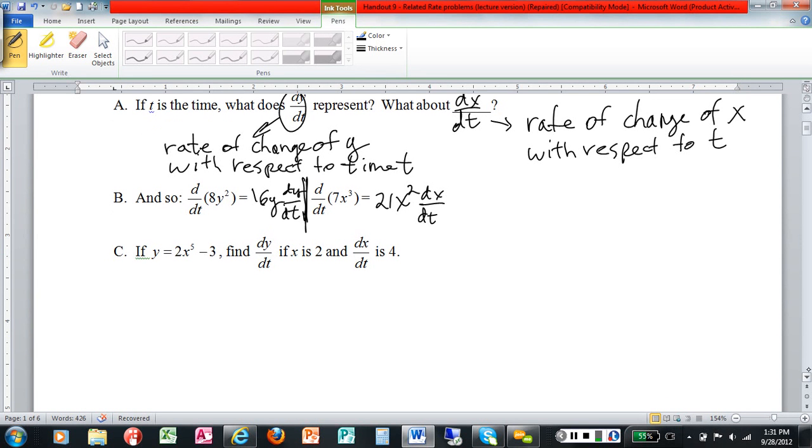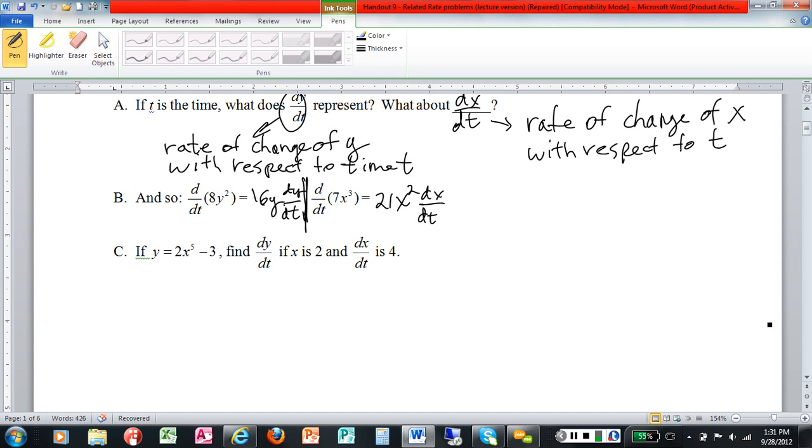All right, we're kind of building our way up to some word problems, but step by step. Okay, so here's C. If y equals 2x to the fifth minus 3, find dy dt, the rate of change of y with respect to t, if x is 2 and dx dt is 4.